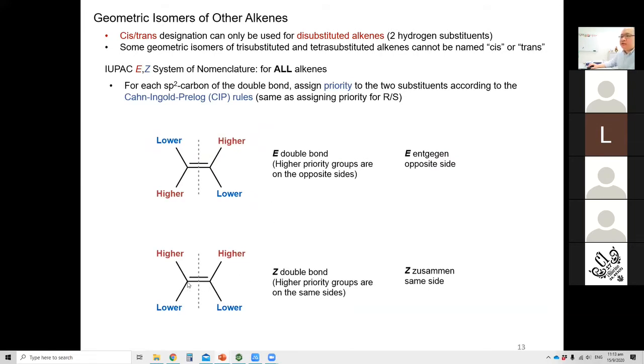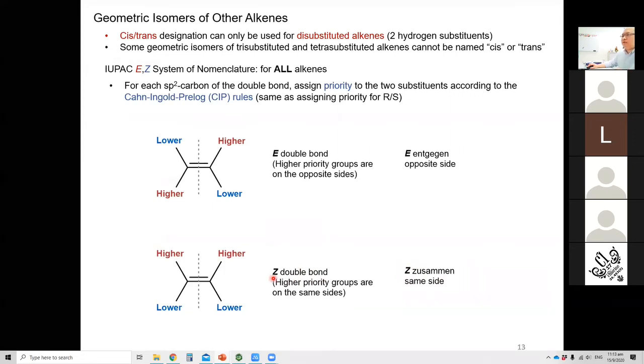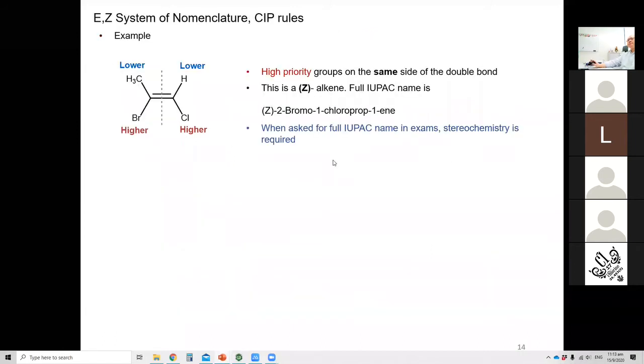After the assignment, if the higher group of this carbon and the higher group of the other carbon are on the same side of the double bond, we call it the Z double bond. I cannot pronounce this one, but just remember it's Z. Z is on the same side, E is on the opposite side. Just keep this in mind.